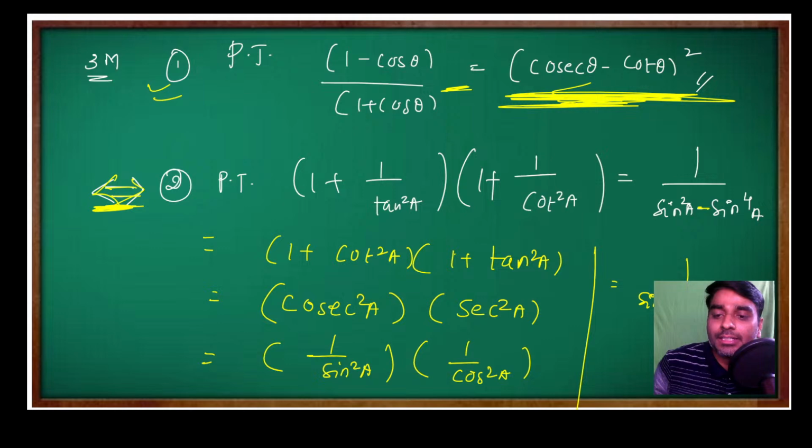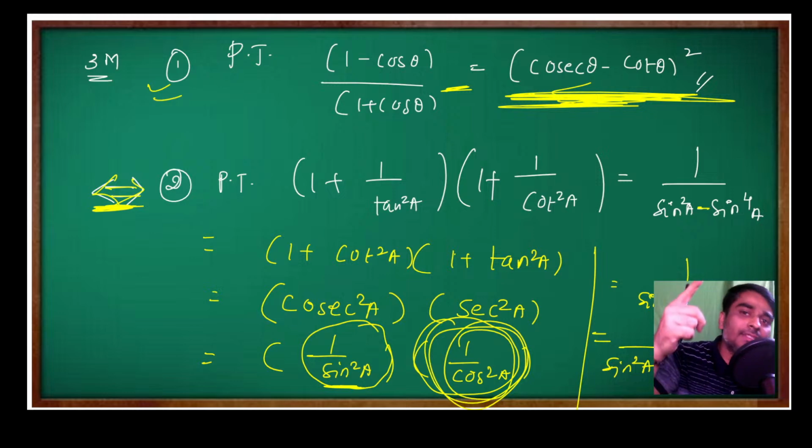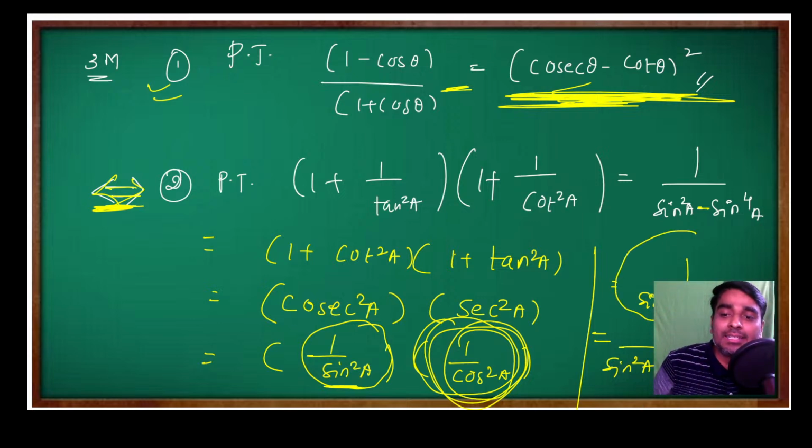Okay, 1 by sin square A I wrote. Now can I write this 1 by cos square A as 1 minus sin square A? Can I write like this? Now multiply: 1 by sin square A minus sin to the power 4A. That's it. Steps clear? This step especially.